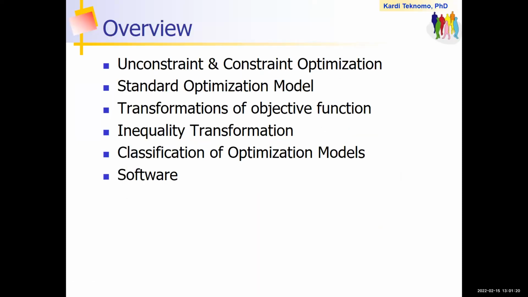This is the topic that we discuss, including the CSP. We have unconstrained and constrained optimization and the standard optimization model. Then we can transform the objective and constraint, and what if the constraint is an inequality.